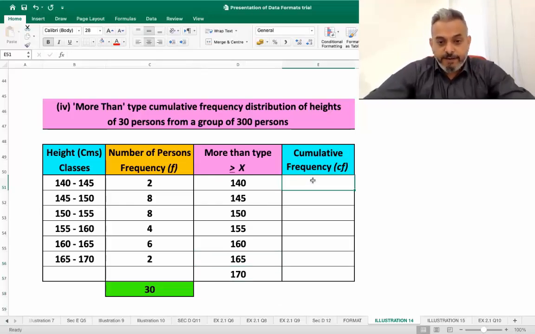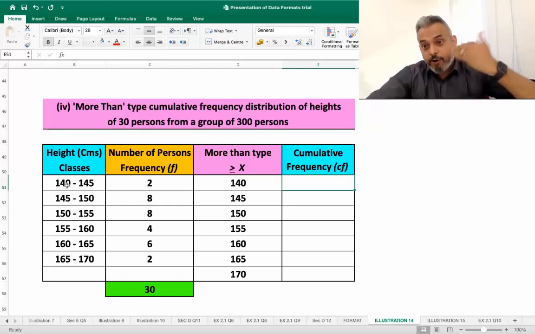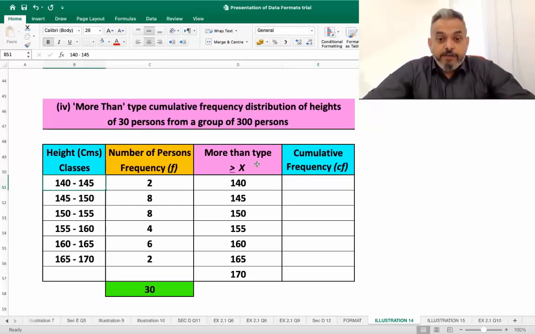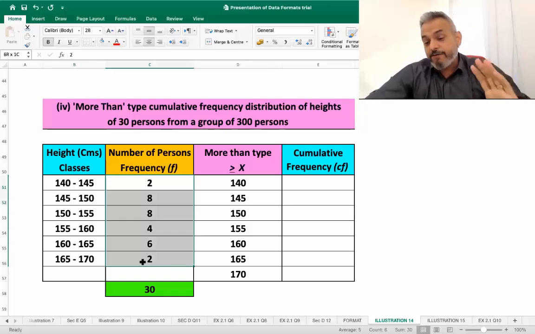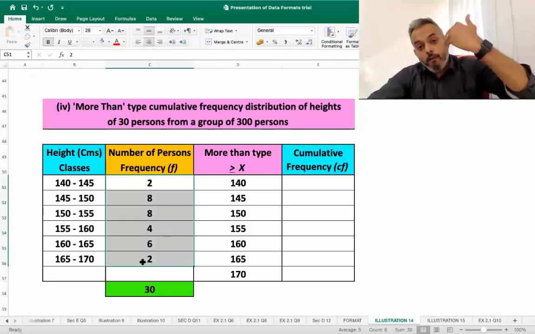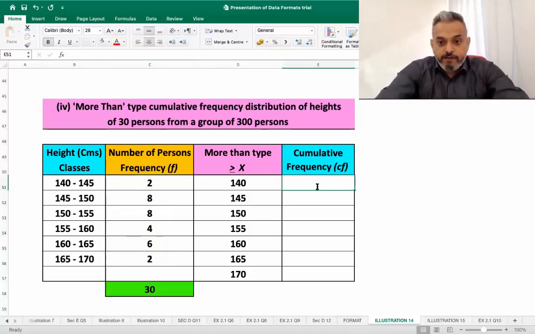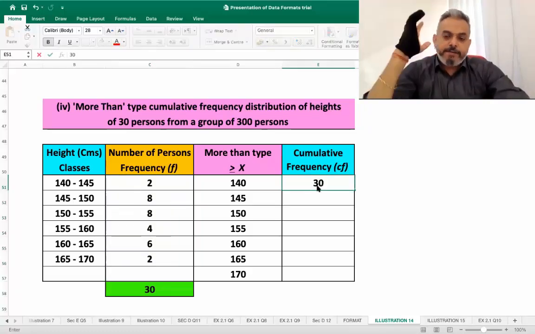Cumulative frequency. Now it's more than type, so please pay attention. 140 or more than 140 centimeter height. So over here, all of them have their height more than 140 centimeter because minimum was 141. Everyone is above that. So total over here is 30.